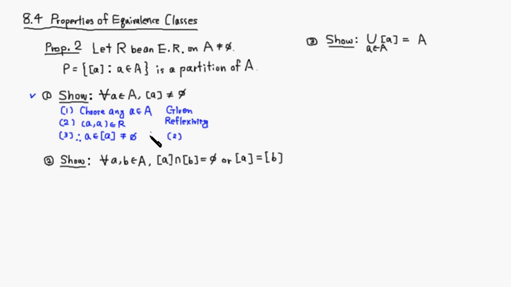Then for the next one, we have to make sure that all of these are pairwise disjoint. So let's start with line 1. Choose any elements a and b in A. This is just a given.